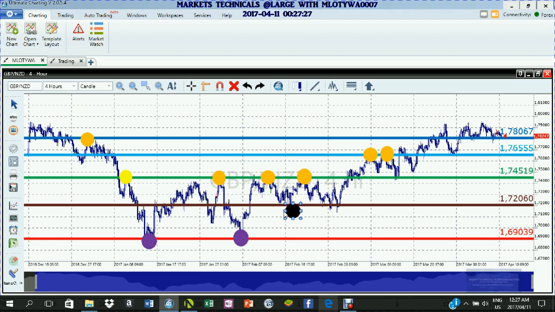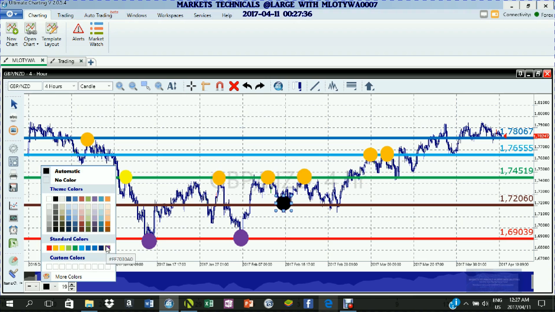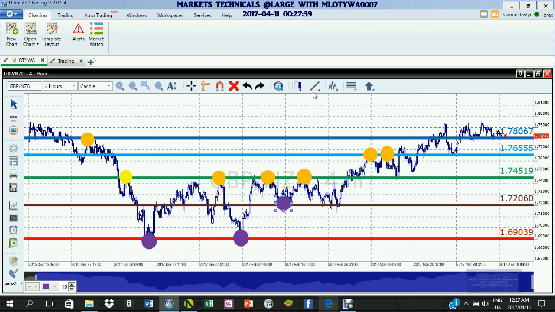And you can see that this area is supported by the rate 1.72060. Give that a purple color.